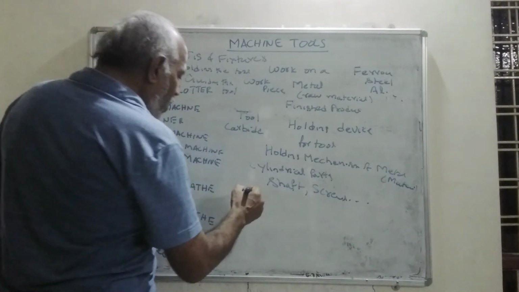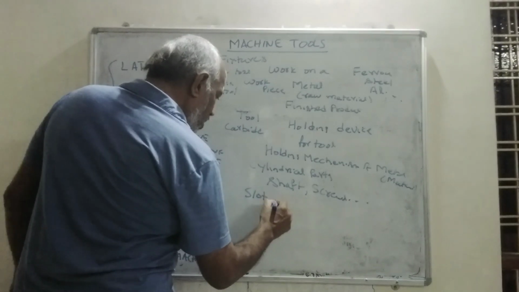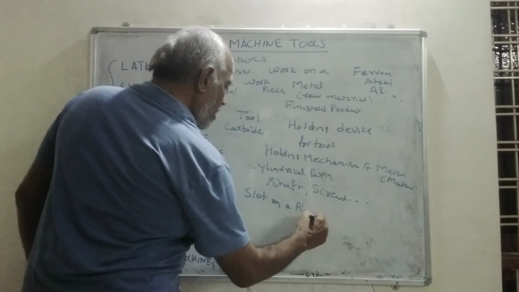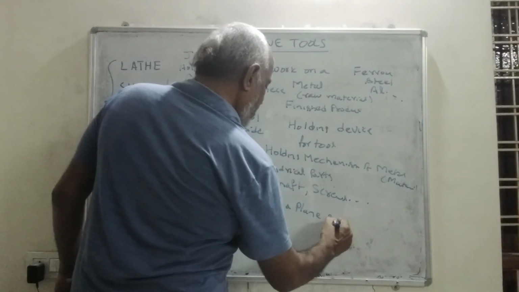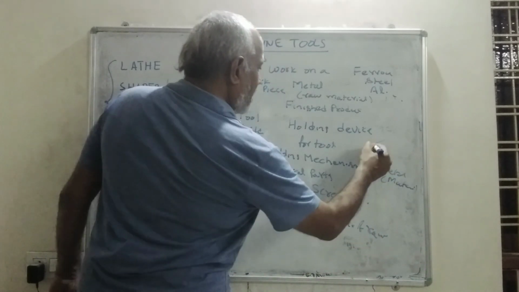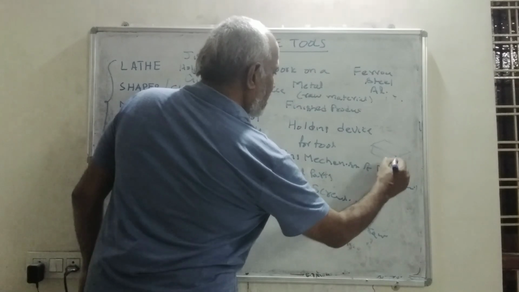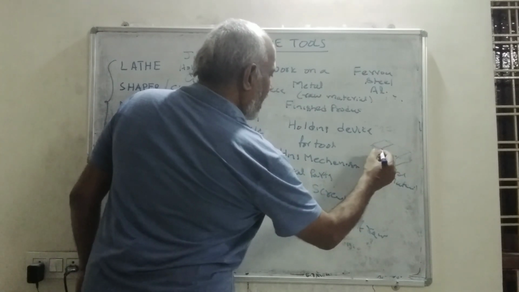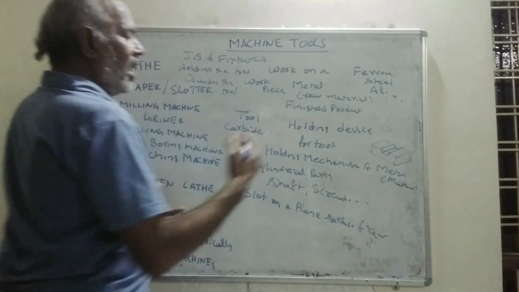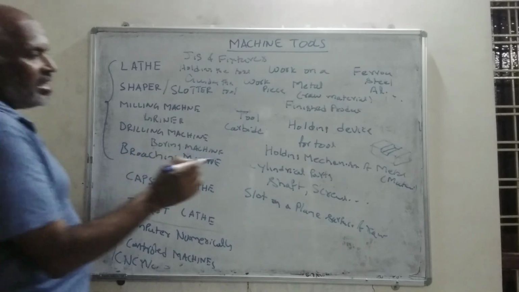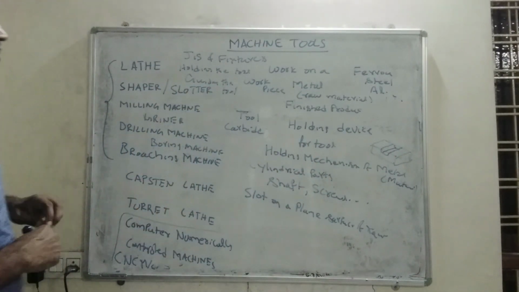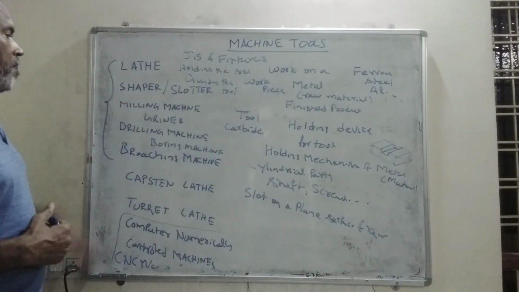Shaper is going to make a slot on a plane surface of raw material. That means there is a rectangular block like this. On this rectangular block, you want to make a slot like this. So the shaper is trying to remove the material for the slot. That is called shaper and slotter. Slotter is also the same purpose.